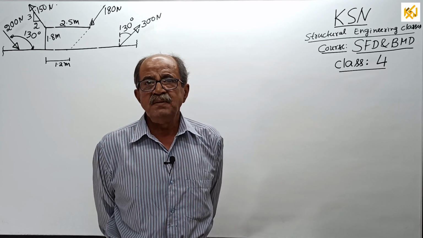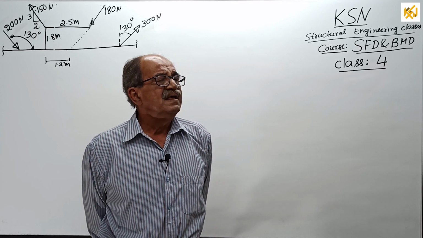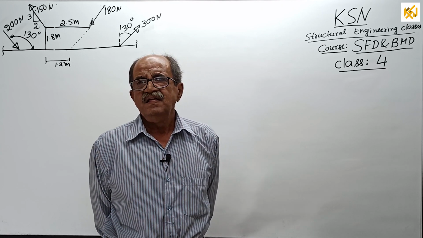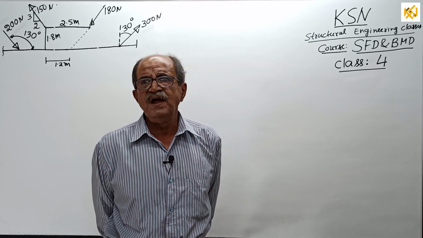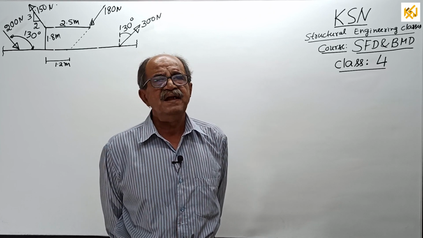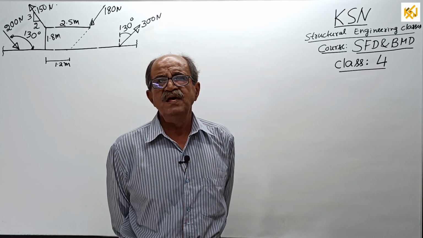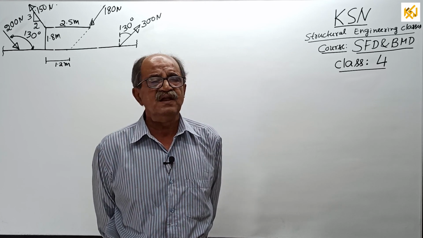But sometimes it is possible that X and Y, of course mutually perpendicular to each other, need not be horizontal and vertical. They may be inclined. Both of them will be inclined, because if X is inclined with horizontal, Y also becomes inclined with horizontal.